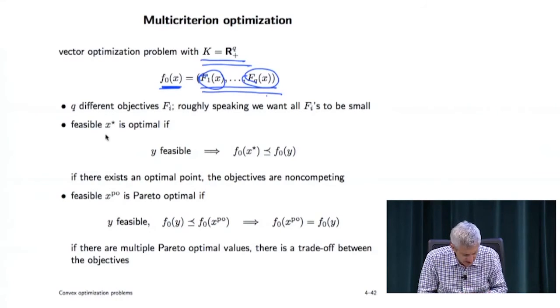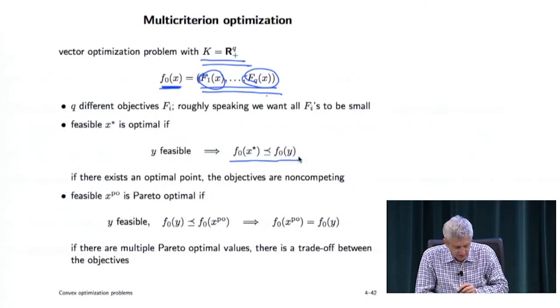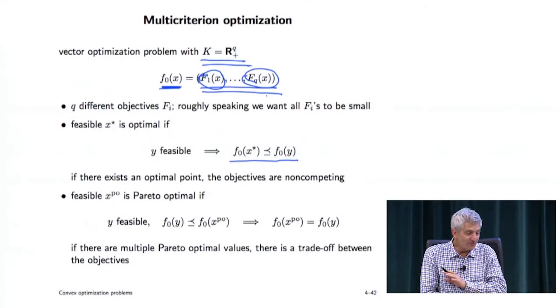You'd say that a point x is optimal if whenever y is feasible, you have f0 of x less than or equal to f0 of y. What that means is that you have simultaneously minimized all objectives. Now that, by the way, rarely happens.